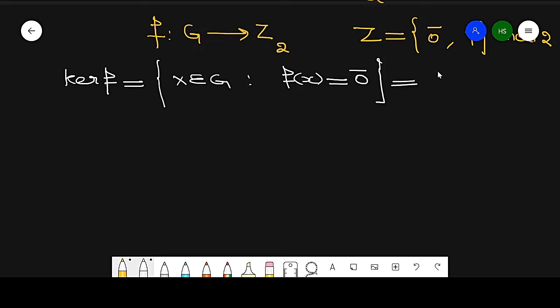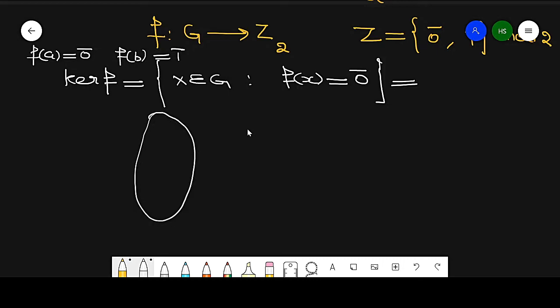So f of x can be defined by the mapping f of A equal to 0 bar, and f of B equal to 1 bar. Because G is generated by the two elements A and B, the homomorphism is determined here: A goes to 0 bar and B goes to 1 bar.